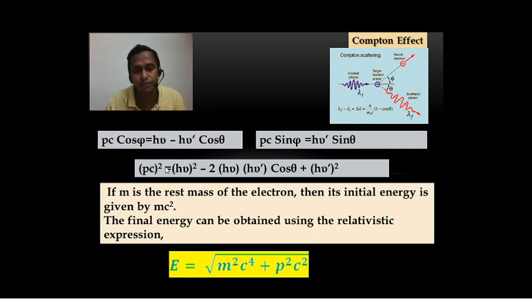So p square c square we can take outside: p square c square into cos square phi plus sin square phi. Please listen. You can write on paper, square these two equations and then add. Cos square phi plus sin square phi is 1. So what we get is p square c square is equal to h nu the whole square minus 2 h nu h nu prime cos theta plus h nu prime the whole square.